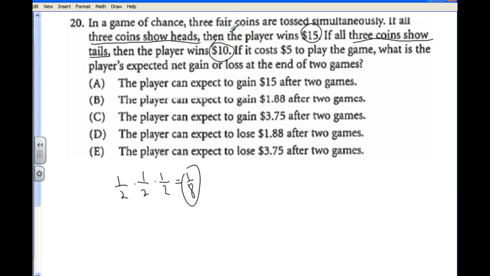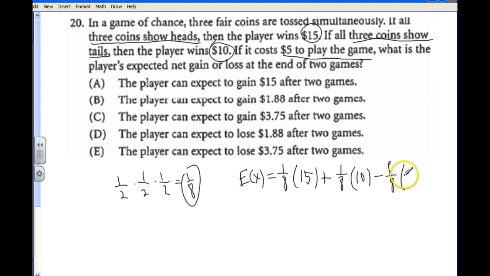That's pretty good. And the rest of the times you have to pay $5. So the expected outcome here would really be 1/8 times 15 plus 1/8 times 10 minus 6/8 times 5, I should say.